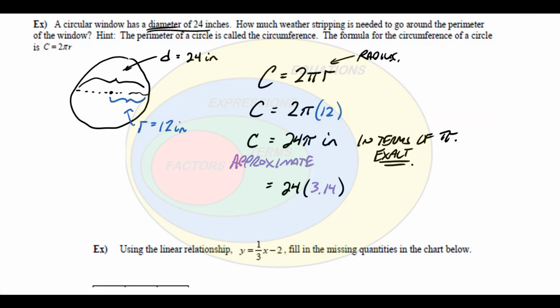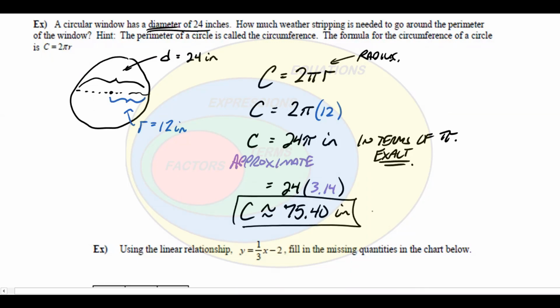And if I do that, I get then C is approximately equal to, if you take 24 times 3.14, you get 75.40 inches. And you notice the squiggly line here. This is an approximate value. And 24 pi inches would be an exact value.